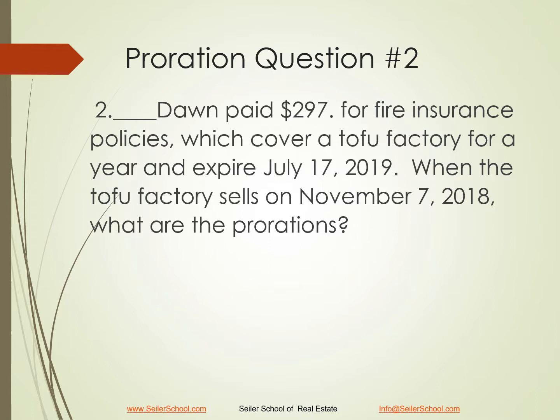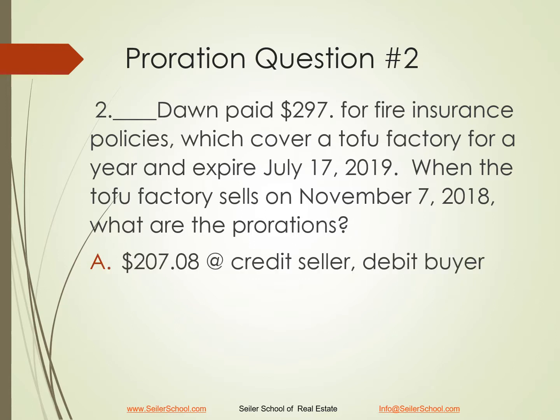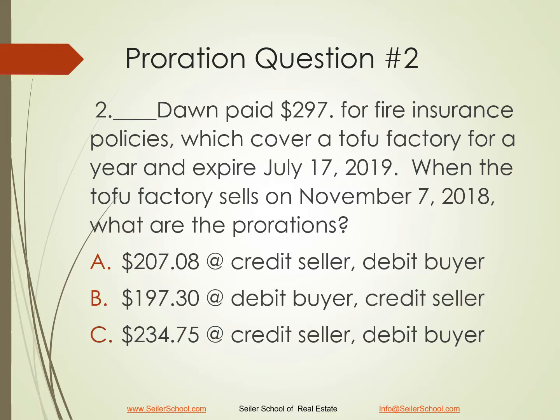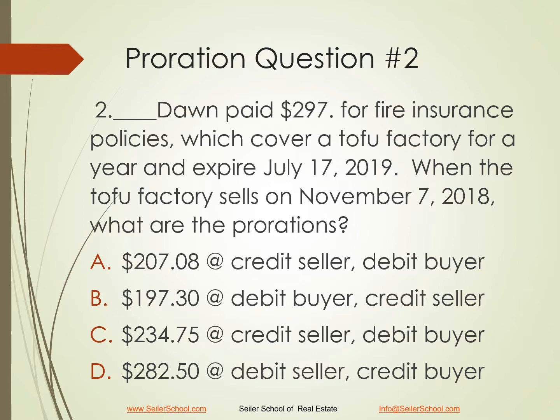Dawn paid $297 for fire insurance policies, which covered a tofu factory for a year and expired on July 17, 2019. When the tofu factory sells on November 7, 2018, what are the prorations? Here are our possible selections. Let's see if we can work and figure it out.